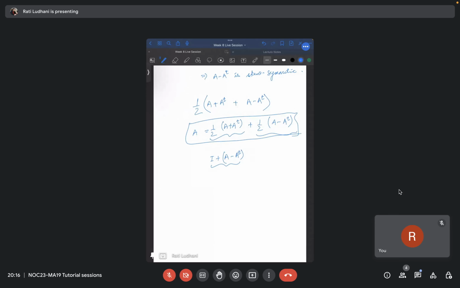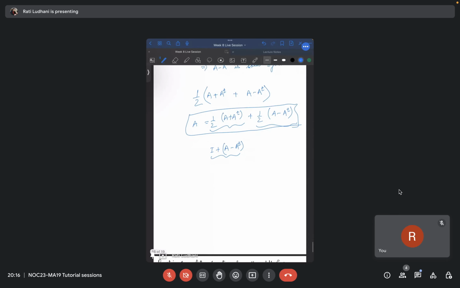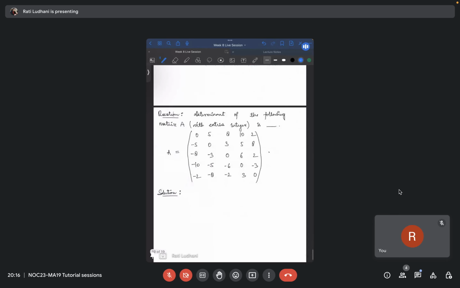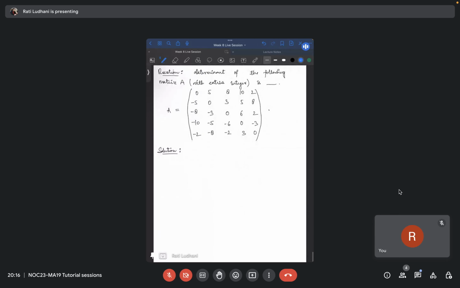Okay, I'll go to the next question that might help you. Determinant of the following matrix A is, so obviously I don't want you to calculate this determinant, but can you tell anything about the determinant without actually calculating it?